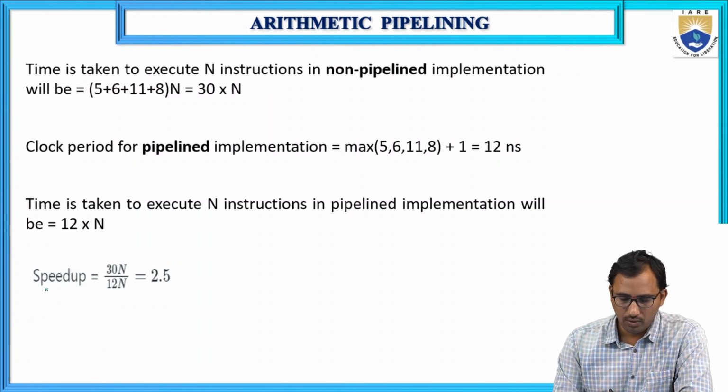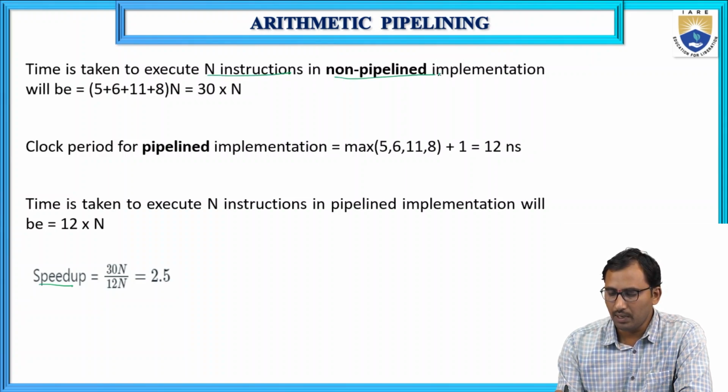So already we know the speed up factor is equal to Tn by Tp. Tn is the time required for non-pipeline execution, whereas Tp is the time required for pipeline execution. Time taken to execute n instructions in a non-pipeline implementation means we need to consider all the different stage delays.